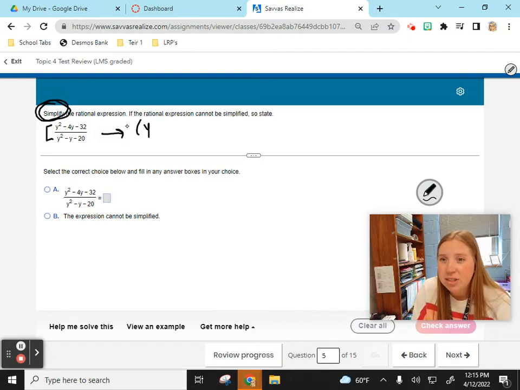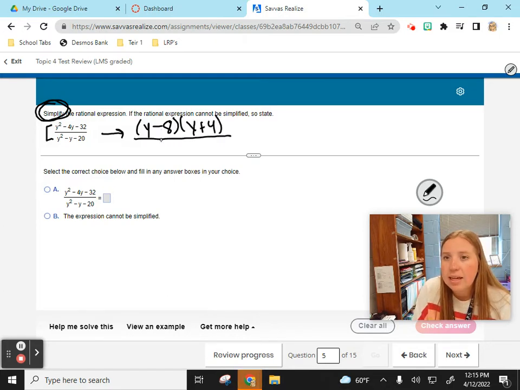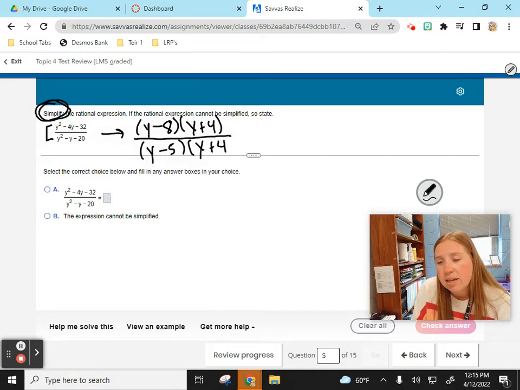I'm looking for factors of 32 that add to -4. That's going to be -8 and -4. And then my denominator, I'm looking for factors of 20 that add to -1. That's -5 and +4.